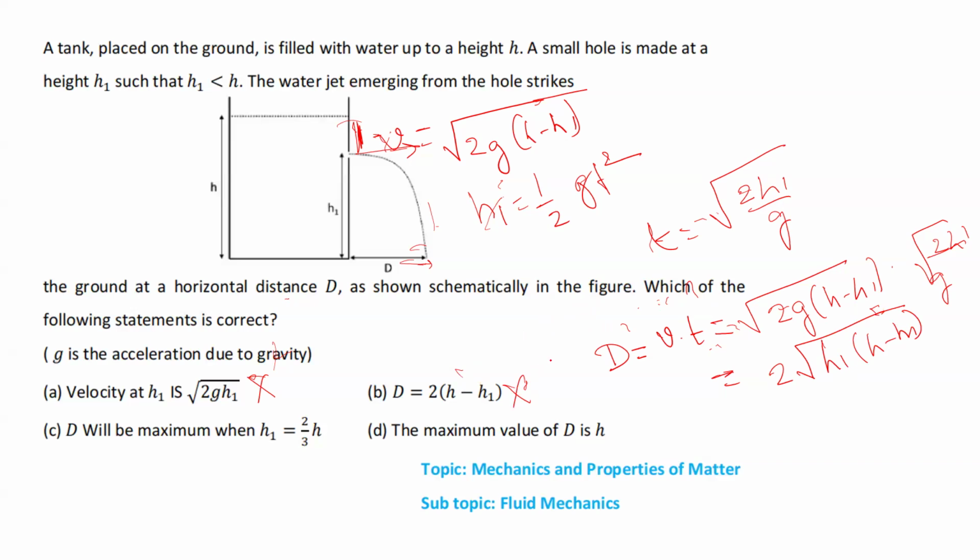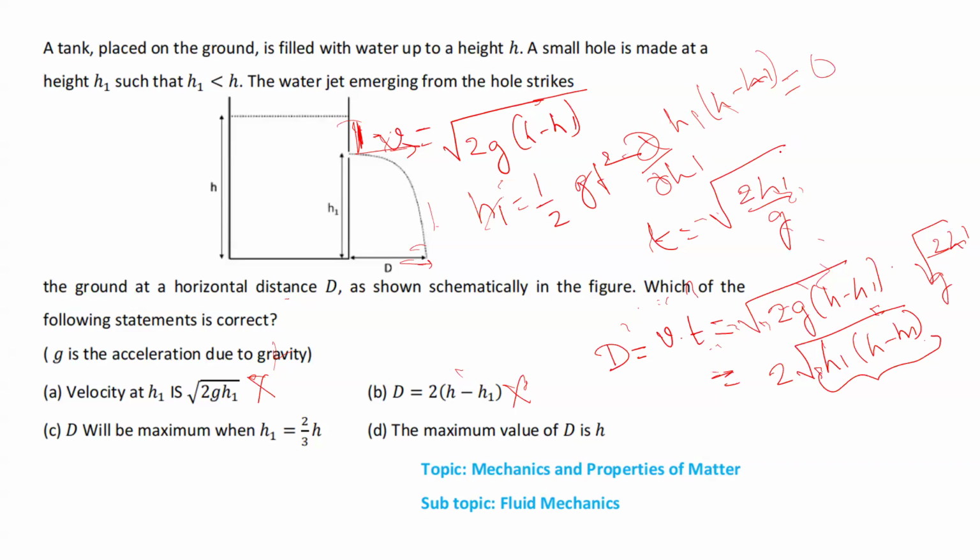So when will d be maximum? Maximum means we need to find the maximum value of this expression. So we need to find the derivative of this expression with respect to h1. So h1 into (h minus h1), d by dh1, equal to 0.